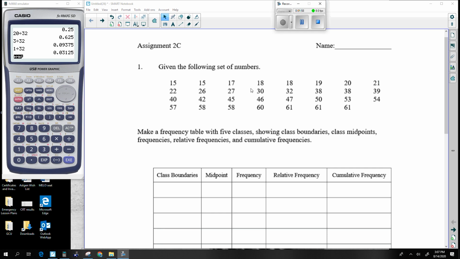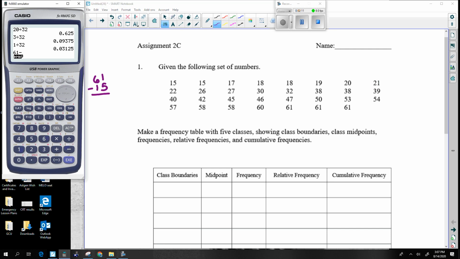All right, so to create this frequency table, I need to find the magic number. To find the magic number, I take the biggest number and subtract the smallest number. This is going to be the range. The range is 46.